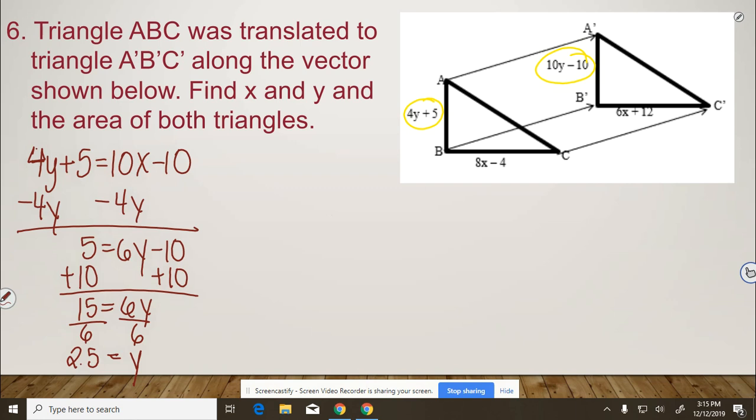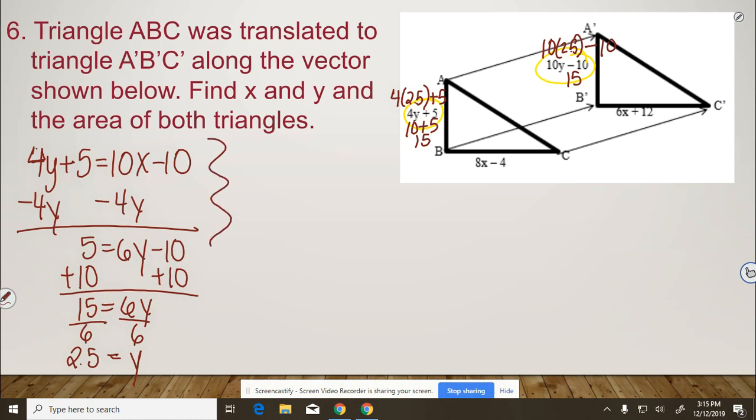Okay, so our y value is 2.5, so we can plug that in. 4 times 2.5 is 10, and 10 plus 5 is 15, so this side is 15. So this side should also be 15. 10 times 2.5 is 25, and 25 minus 10 is also 15, proving that they are congruent.